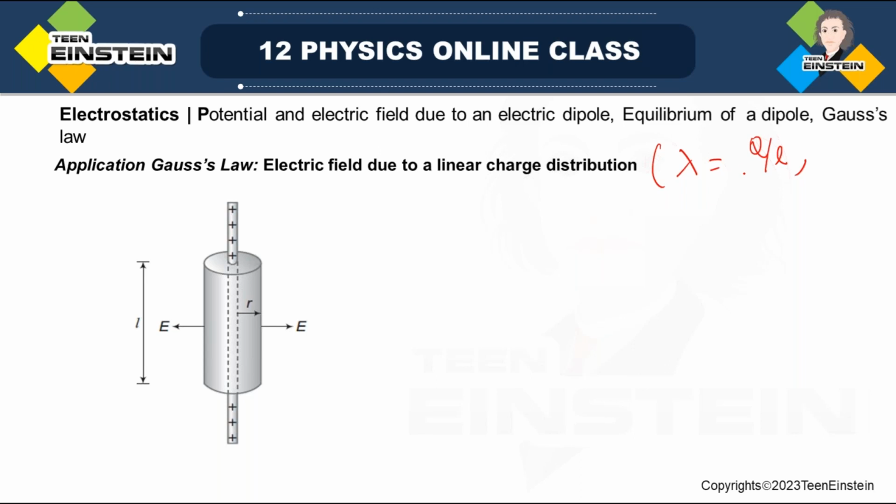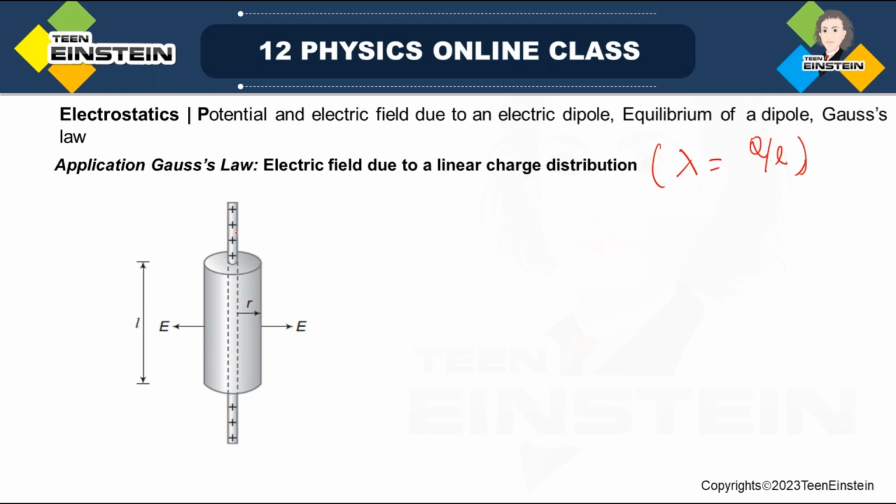So this is denoted by lambda. Lambda is equal to Q by L. This is the linear charge density.